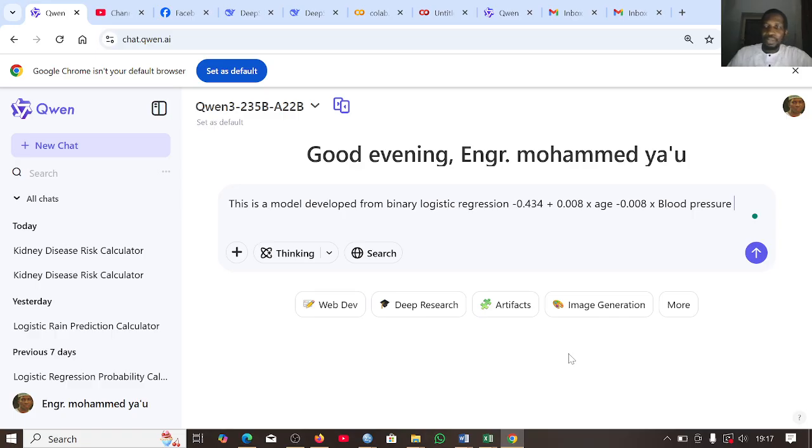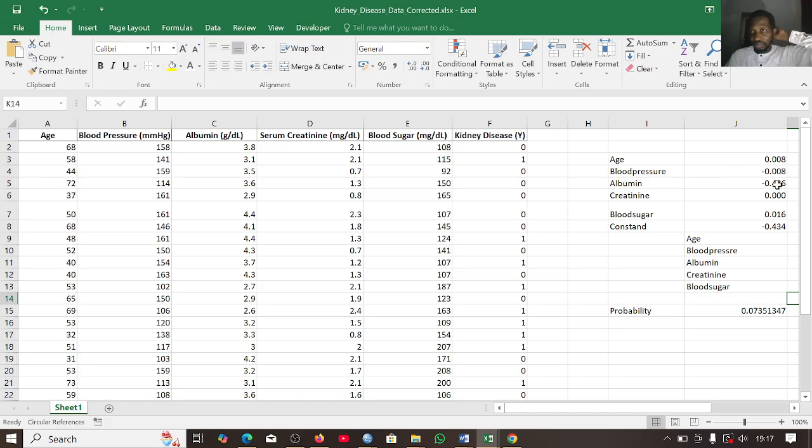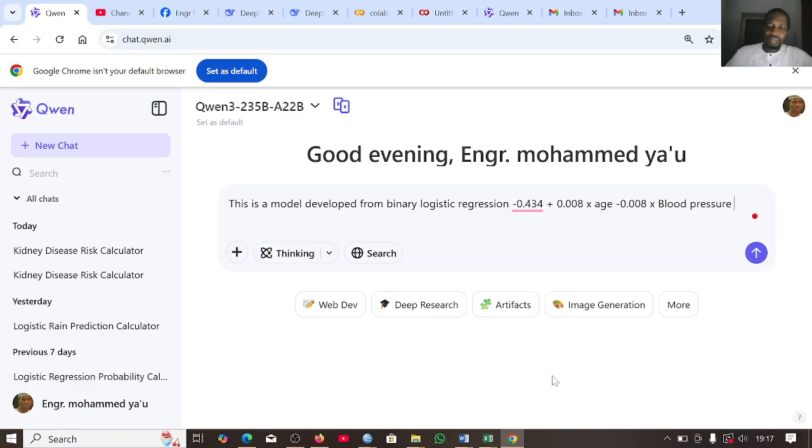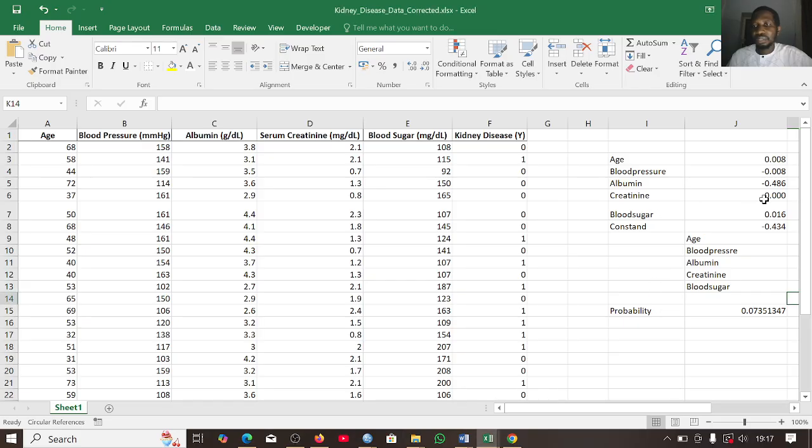Then the next is minus 0.486 multiplied by the albumin. Then let's check the other variable, which is, I think, 0.001, so it's very negligible.